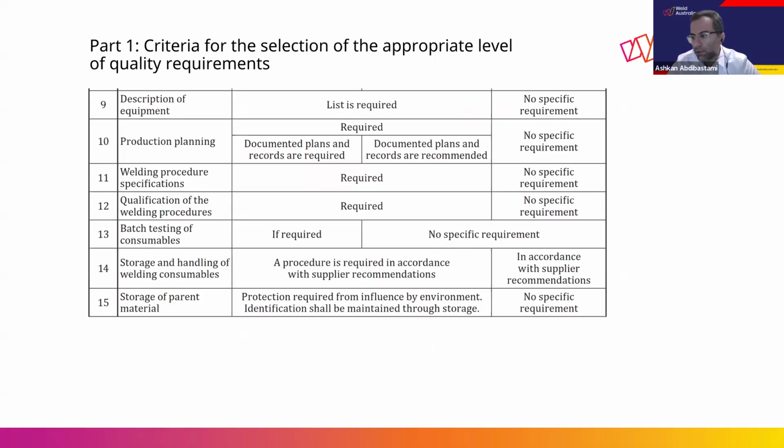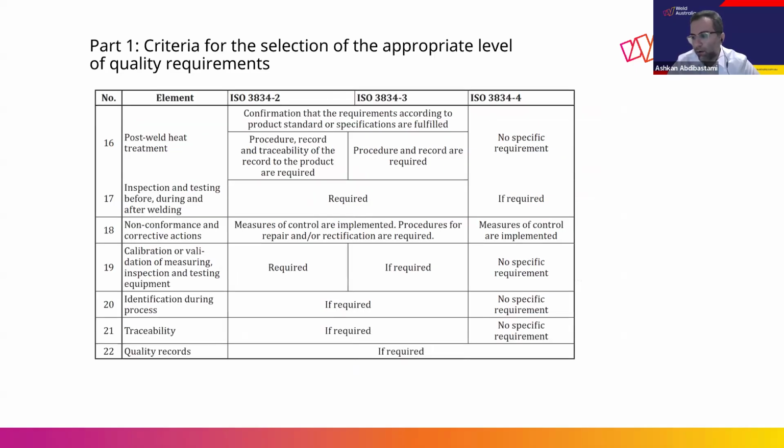Part 3, the standard level, requires fewer records, only where specified or requested by the client. Part 4, the elementary level, has minimal requirements and is rarely used in Australia. Most fabricators and manufacturers aim for Part 2 or Part 3.